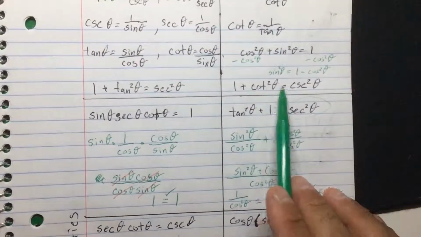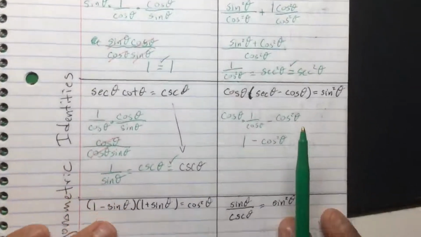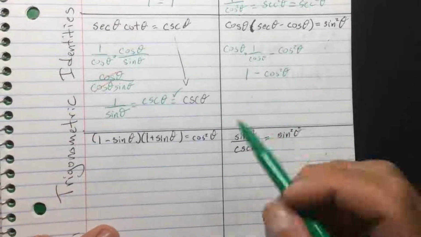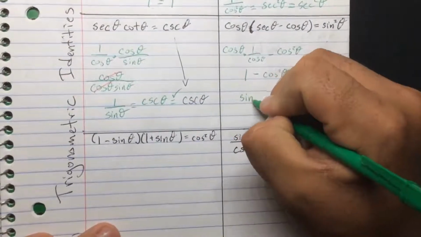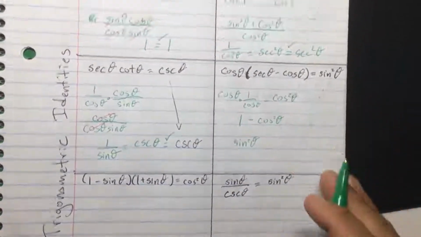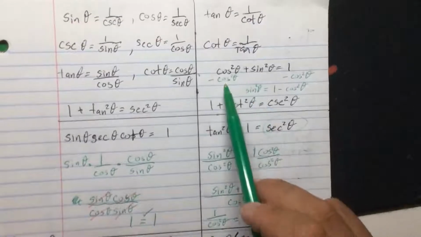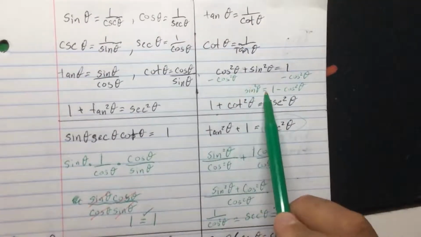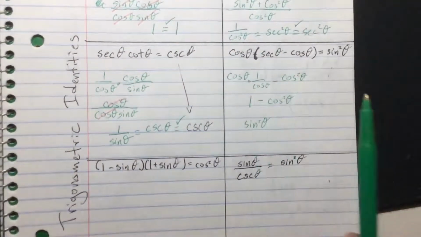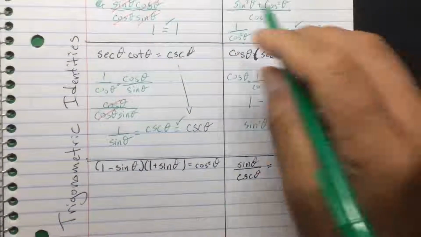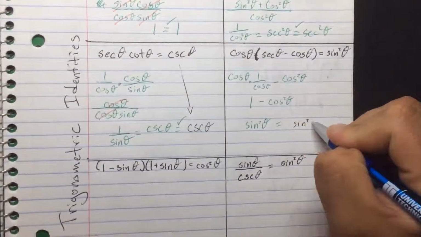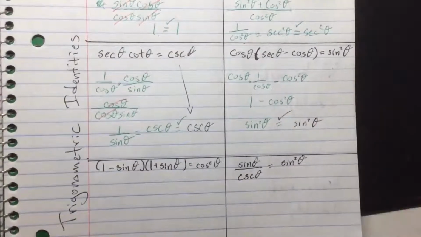So now, having this information, we can show that 1 minus cosine squared theta is actually sine squared theta, because that's what it shows here, right? If we subtract cosine squared theta from both sides, we end up getting sine squared theta is equal to 1 minus cosine squared theta. And that'll show that this is equal to, we drop down our sine squared theta, and we get our verified check mark.